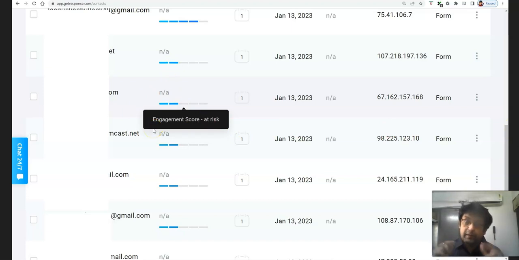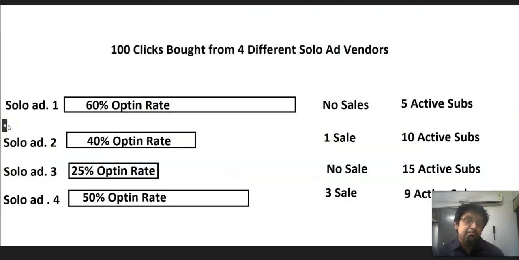Now this is really important. Suppose, for example, you get 60 people from 100 clicks onto your email list, and after a month, trust me, this has happened with me, only 5 active subscribers are there.